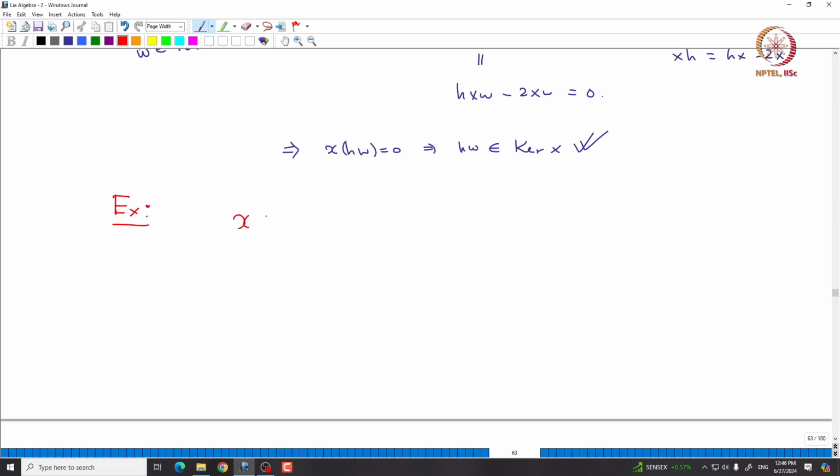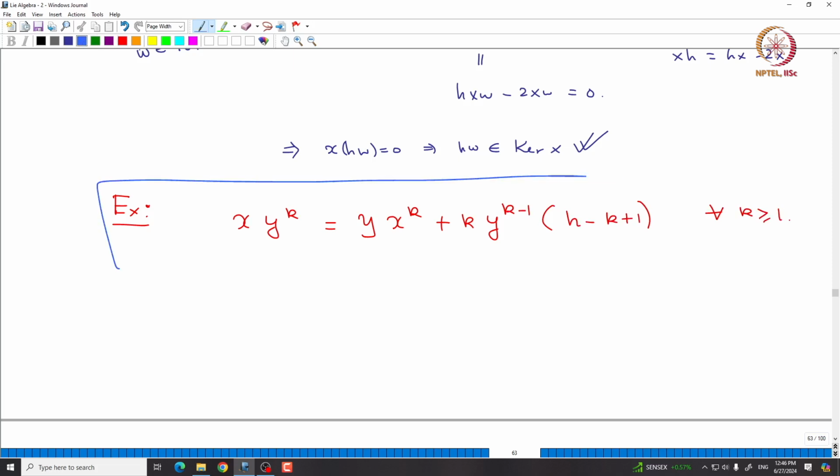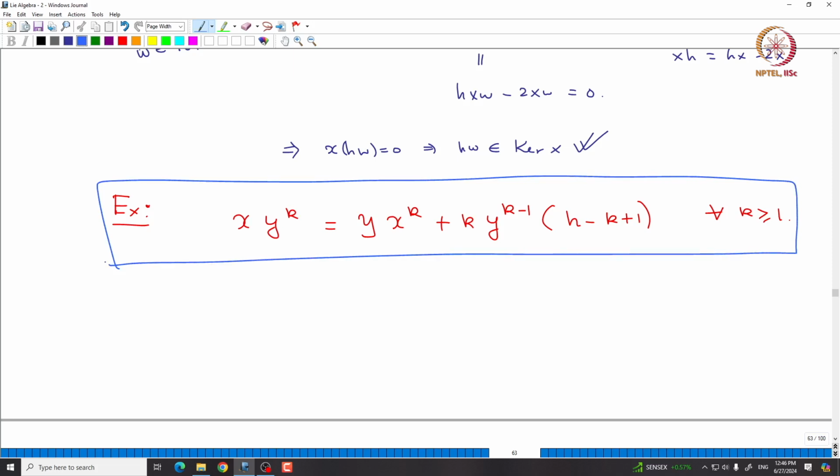If you look at the operator X Y to the power k, which makes sense inside endomorphisms of V, then when you commute it you can see that X Y power k is exactly Y power k X plus k Y power k minus 1 times H minus k plus 1, and this is true for all k greater than or equal to 1. This is something I will leave as an exercise, which can be proved using induction.